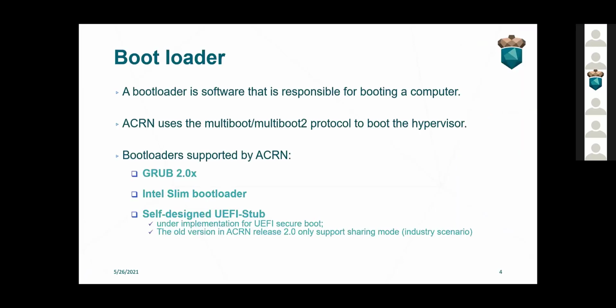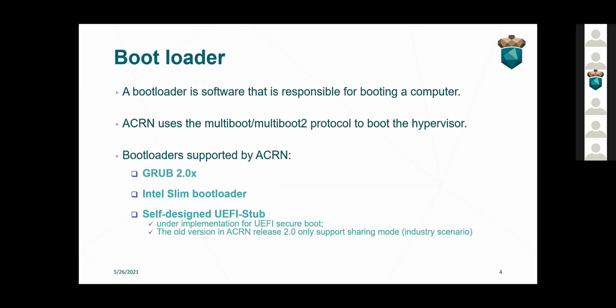So what is a bootloader? A bootloader is software that is responsible for booting a computer. Every OS should have a bootloader to load the OS image into memory and start running. ACRN uses the Multiboot and Multiboot 2 protocols to boot the hypervisor. Below are the bootloaders currently supported by ACRN.